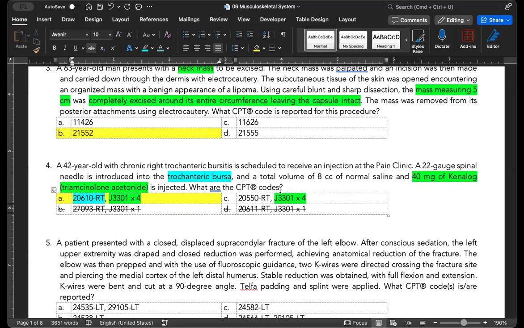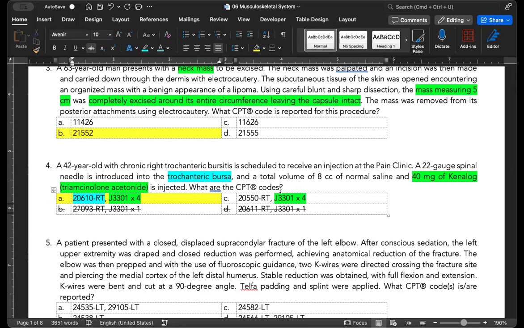Okay, let's just say C was 20605, and that has to do with like the wrist or the elbow or ankle or something like that. You just kind of have to guess then, right? At that point, that's where your anatomy knowledge is going to be a lot more beneficial. Okay, thank you. You're welcome.